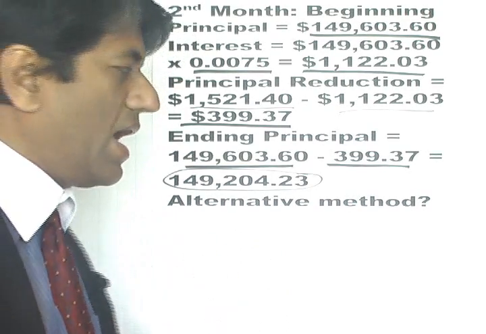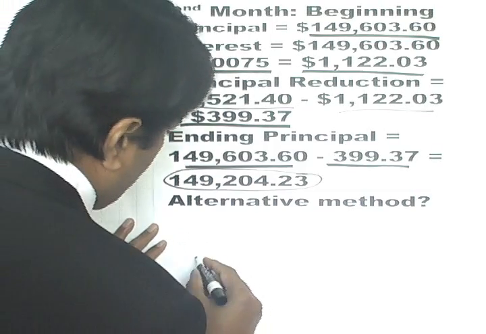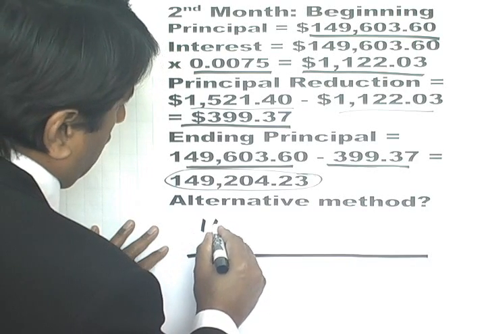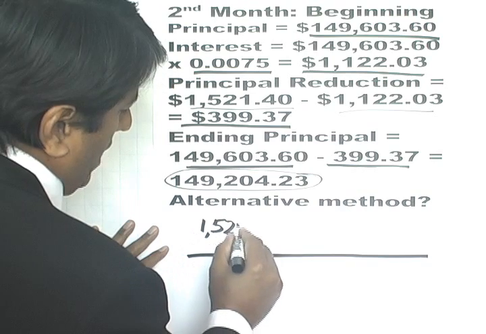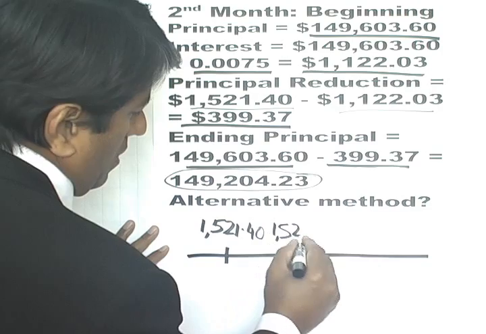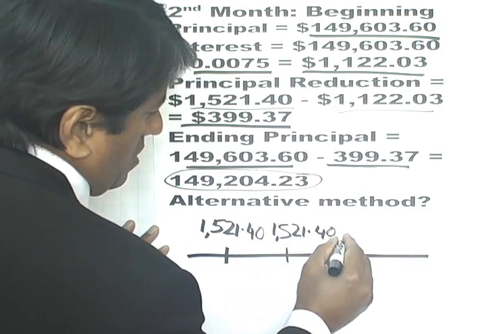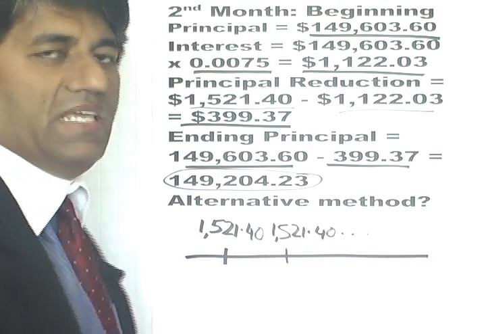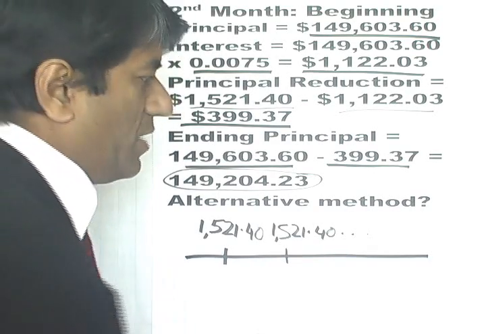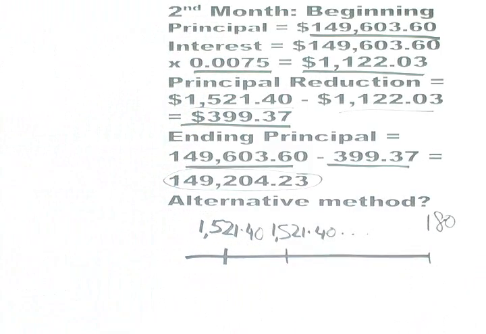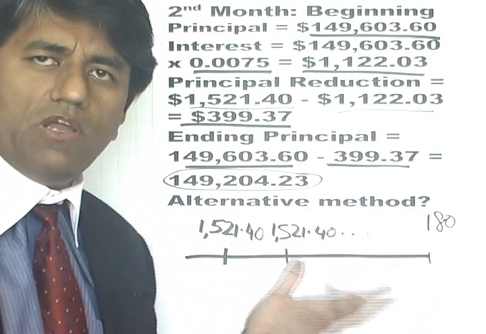So what we are going to have is a timeline, and in this timeline, every month, there is a payment of $1,521.40, and it was a 15-year mortgage, so that means there were 180 months total. Now, where did this $1,521.40 come from?